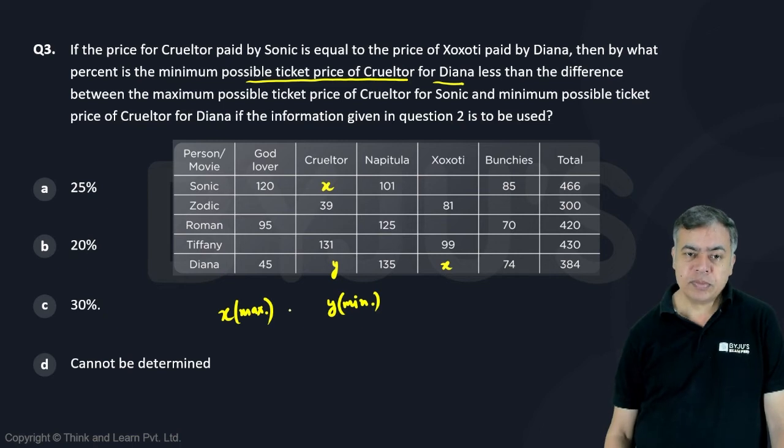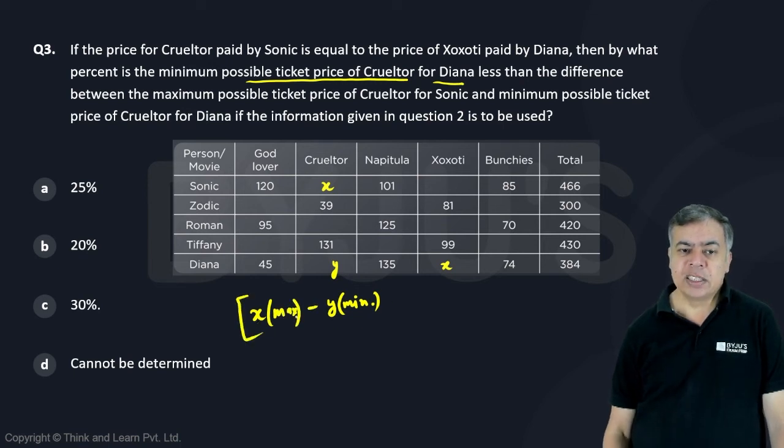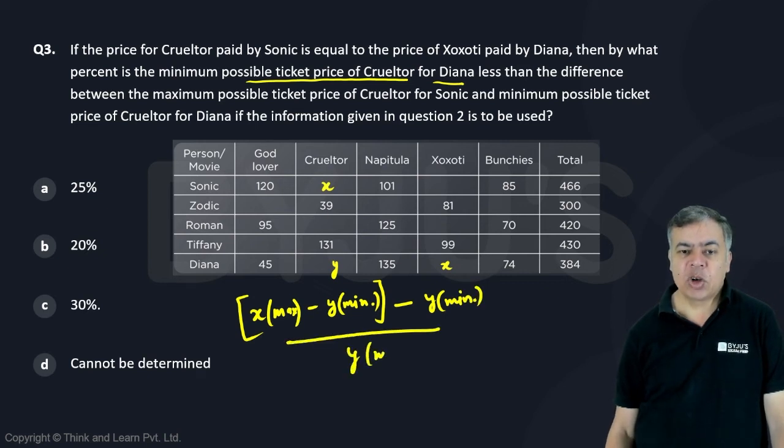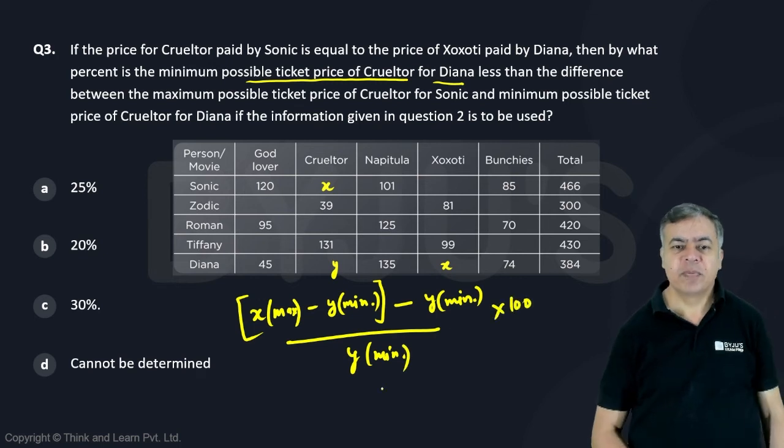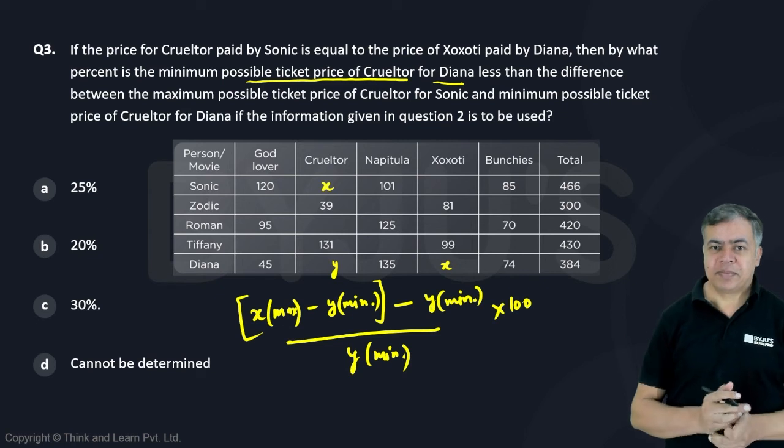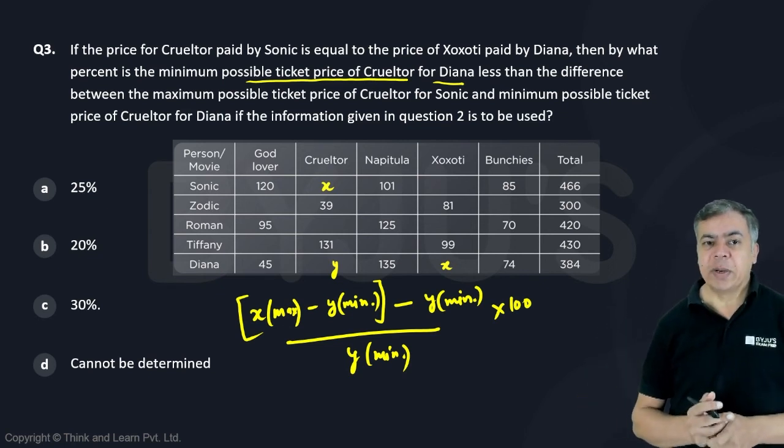Okay, just try to understand this. There is a complicated line given: X maximum minus Y minimum. This difference is more than Y minimum, as a percentage of Y minimum. He is talking about this actually. Just read the statement carefully.